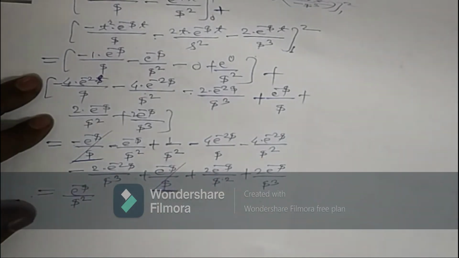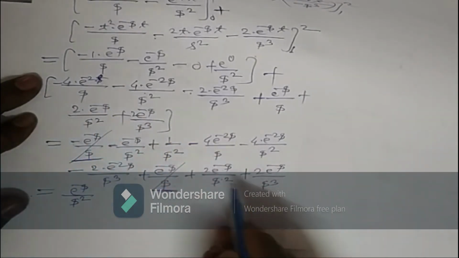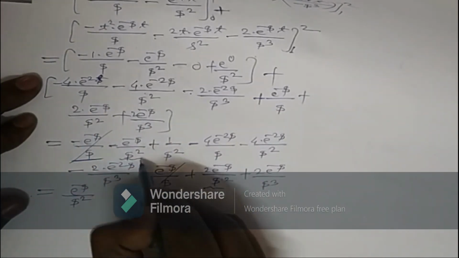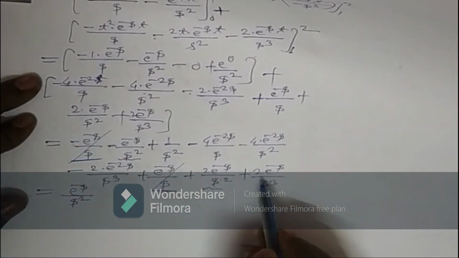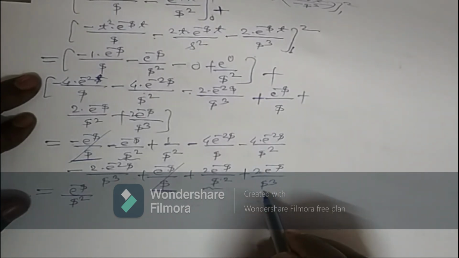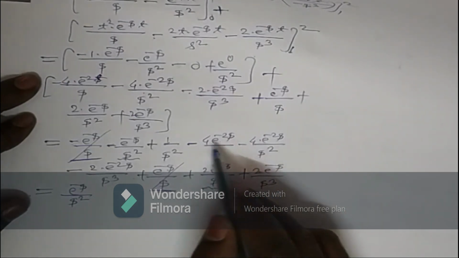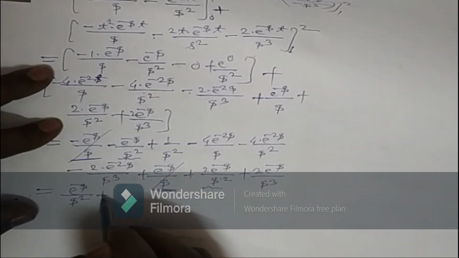Now these two terms get finished. Here 1 upon s square is there. Now here 2 e raised to minus s upon s cube. There is no such term in the first part, so let us keep it as it is, and write down the remaining terms as they are.